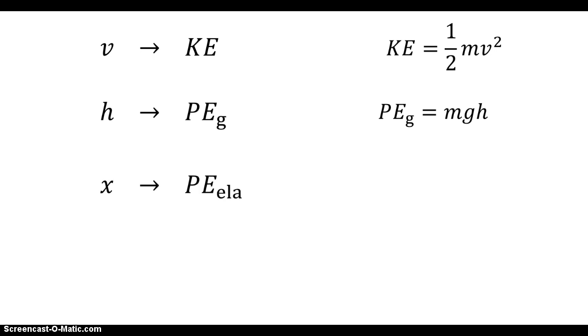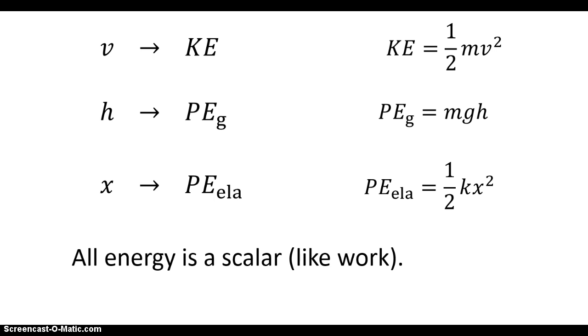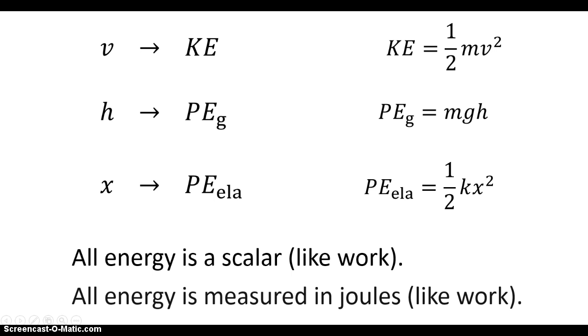Lastly, whenever an object has been compressed or stretched, it has elastic potential energy, and we can calculate the amount of elastic potential energy using this formula. The final thing that we can note is that, just like work, all forms of energy are scalars. So these are all three scalars. And just like work, all energy is measured in joules.